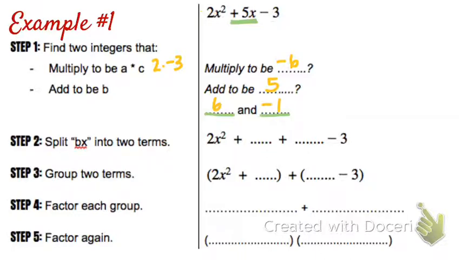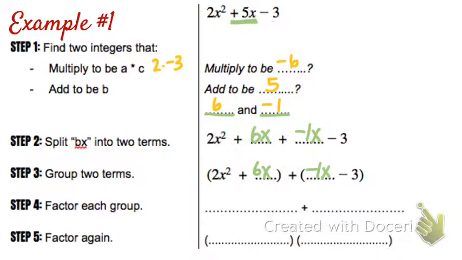You want to look at these two and think, if I put 6x here and -1x here, and then group them together, is there something I can factor out of each of these groups? If there isn't, you want to just switch the spots of these and then see if you can factor something out of each of the groups.